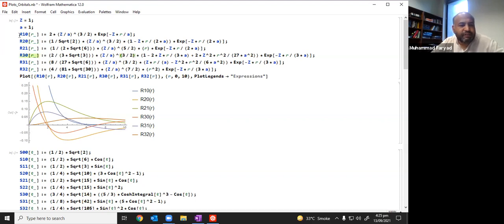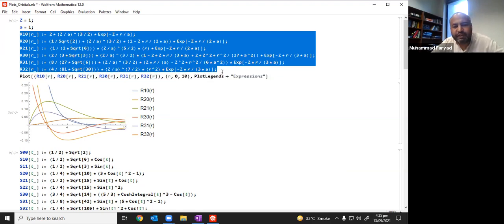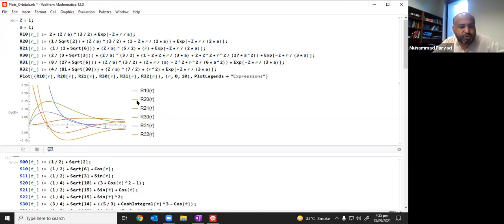Anyway, these are the radial dependent functions that I have, which are the solution of the hydrogen Schrodinger equation, and I have given self-explanatory labels. So this is R n L, where the first index is the value of n and the second is the value of L. These are the functions, and this is just part of what you are supposed to do in your homework.